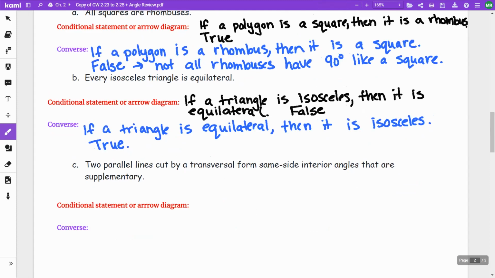Two parallel lines cut by a transversal form same side interior angles that are supplementary.